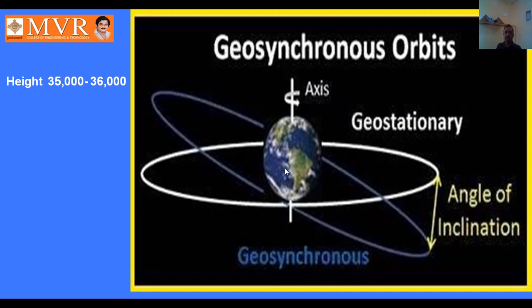If you observe here, one angle of inclination: the angle between geostationary orbit and geosynchronous orbit is called the angle of inclination.